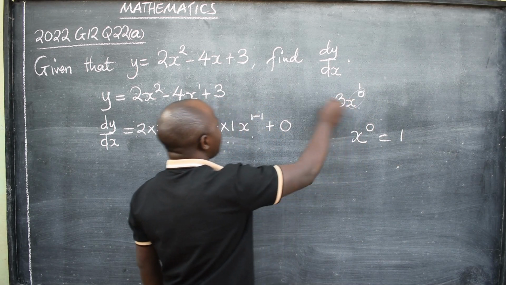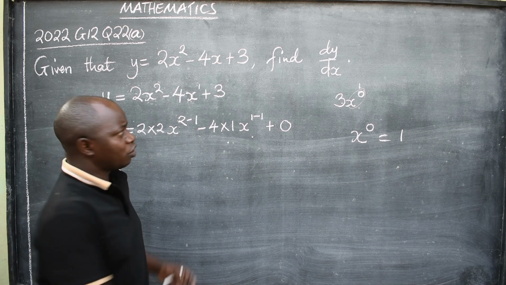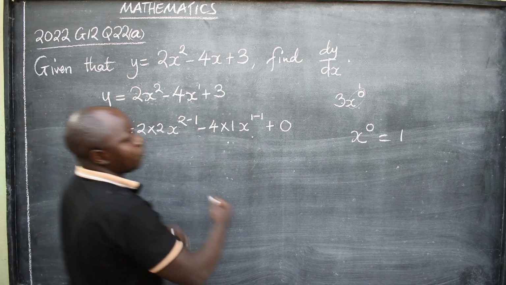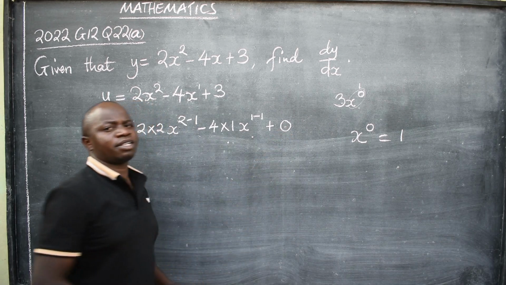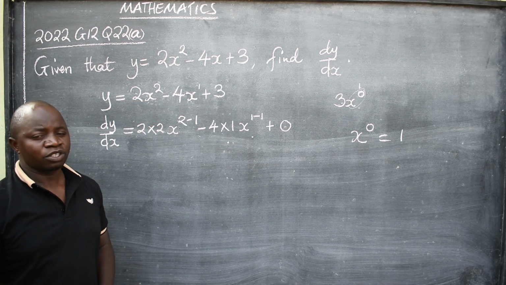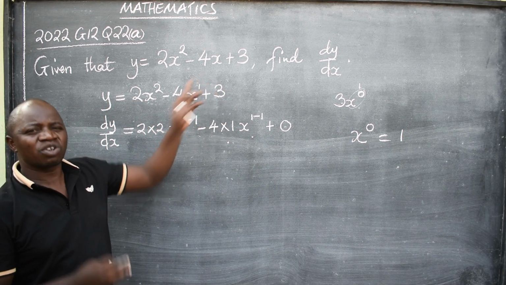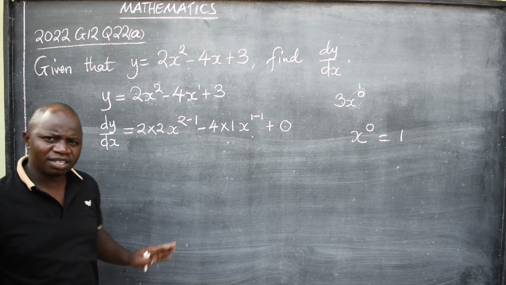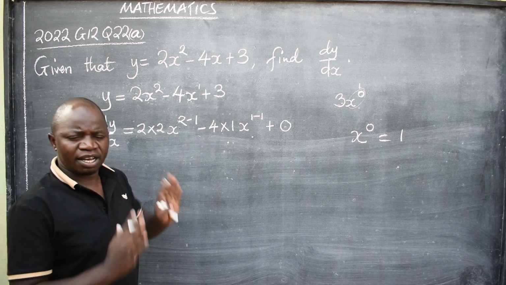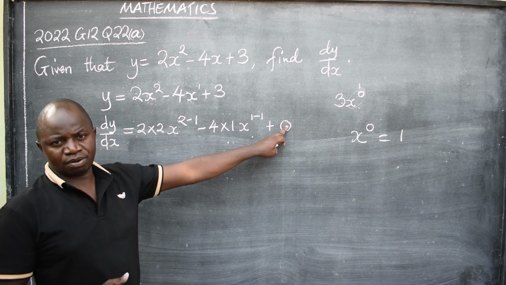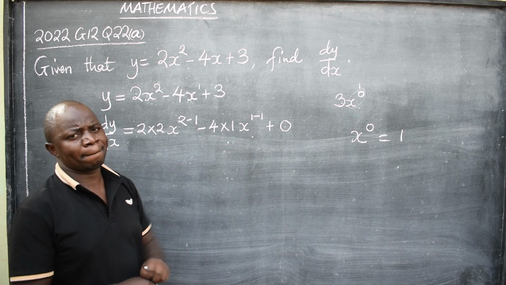Then 1 times 3 gives us 3. According to the way we are doing it here, we can say 0 times 3, which will still give us 0. So take note, any constant, be it negative, be it a fraction, as long as it doesn't have x, your answer should be 0. I hope that is clear.